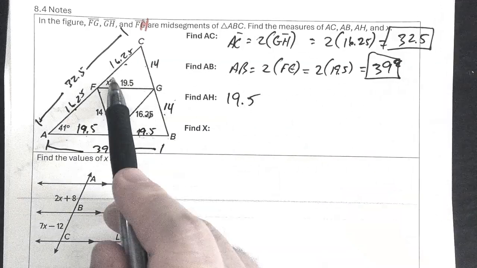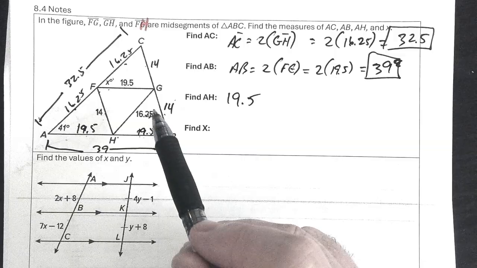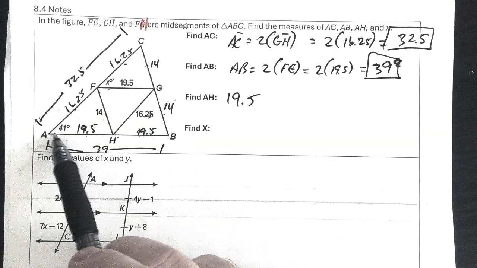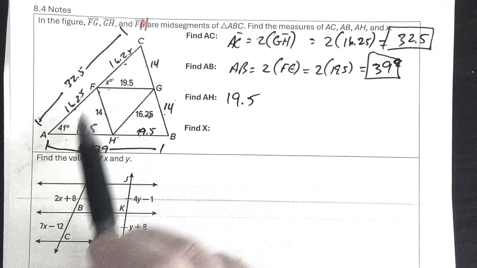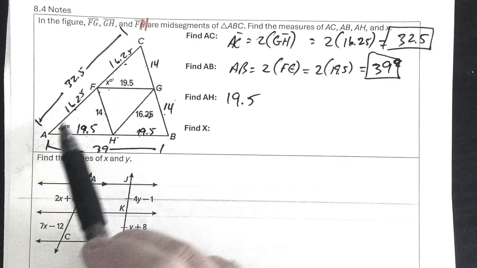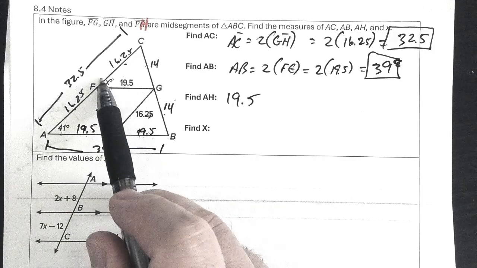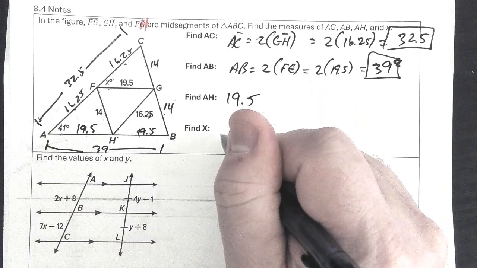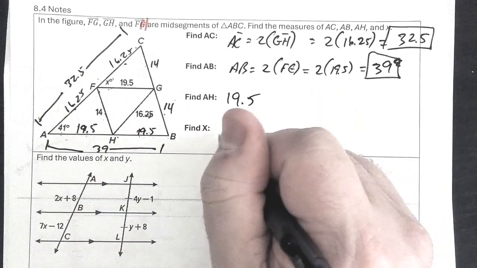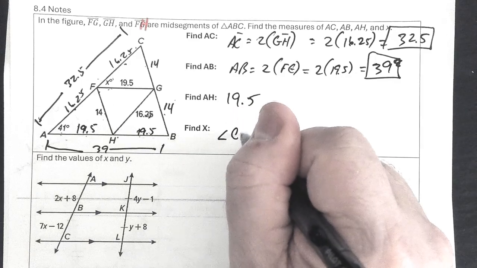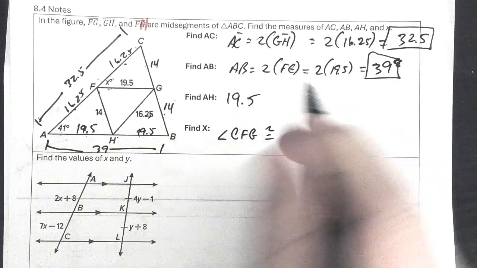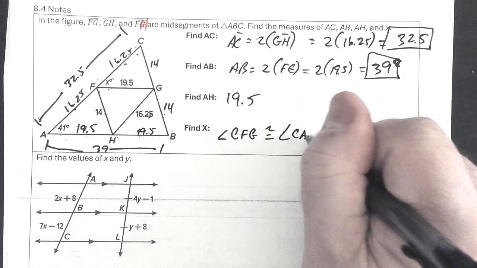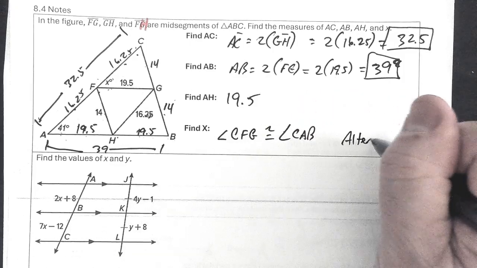It was these two were this, these two are this, and these two are the same as this. All right, now this angle. So what angles do we have? We only have this one, but remember this and this would be parallel. This is going to be above the parallel line to the right of the transversal. So this is CFG. CFG is going to be congruent to CAB because they're alternate.